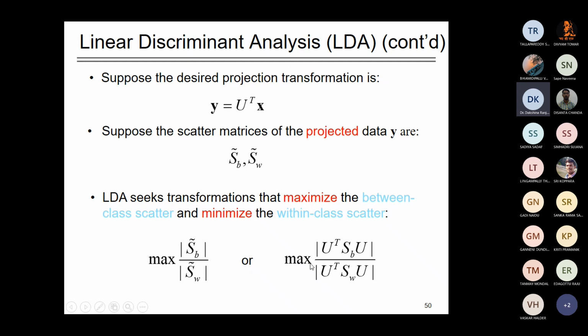So that means we are maximizing this ratio. Okay, and in another way, if we represent the same phenomenon, then we can maximize this transformation, the projection transformation. So we maximize the ratio between the between class projection and the within class projection. So both will work. We can consider either this or this.